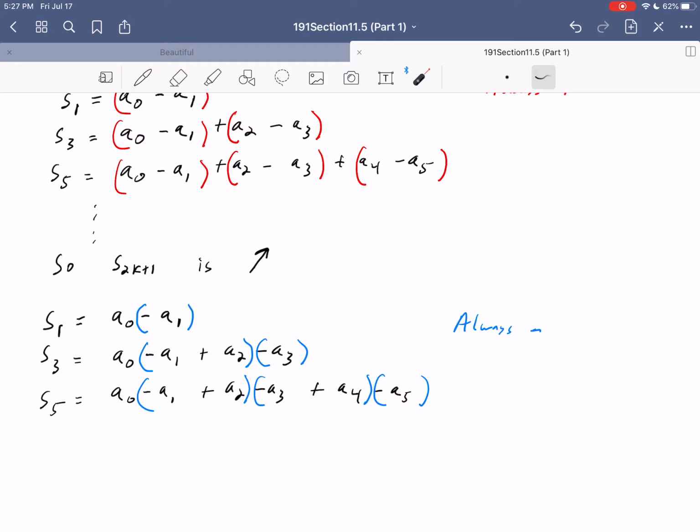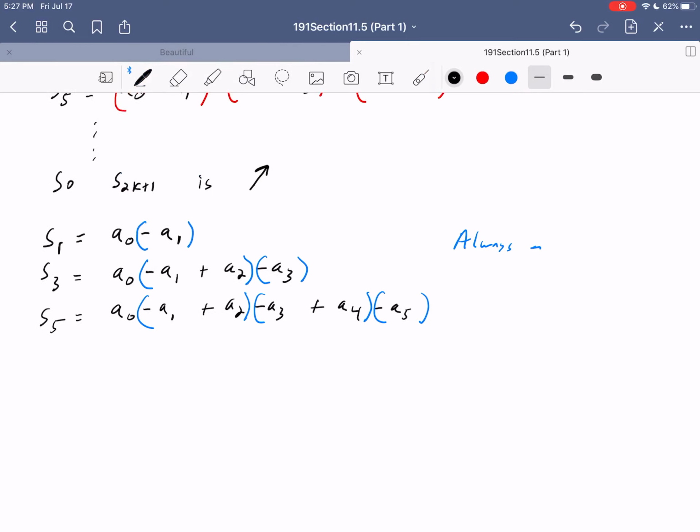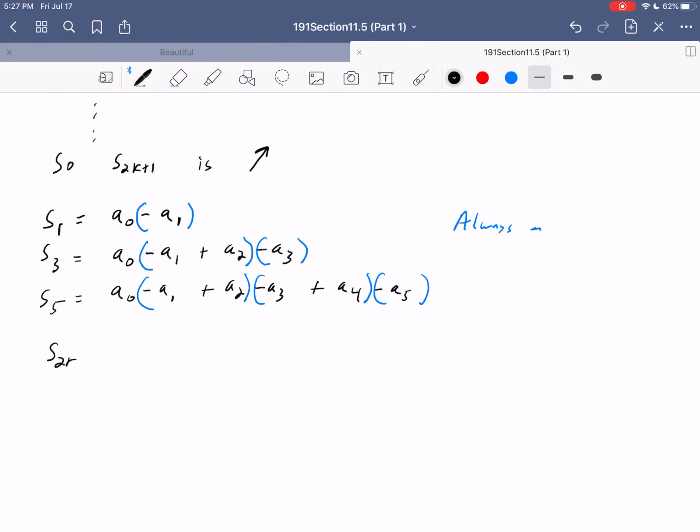Okay, so what we have here is that S sub 1 is A0 minus something. S sub 3 is A0 minus some stuff. S sub 5 is A0 minus some stuff. That should tell you that S sub 2k plus 1 is always less than A sub 0. Right?